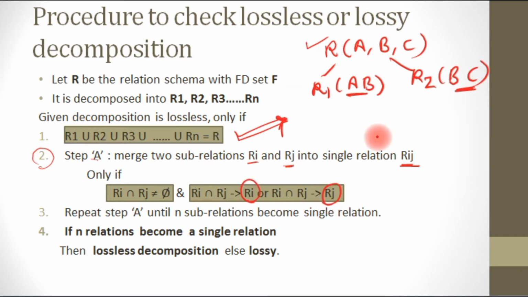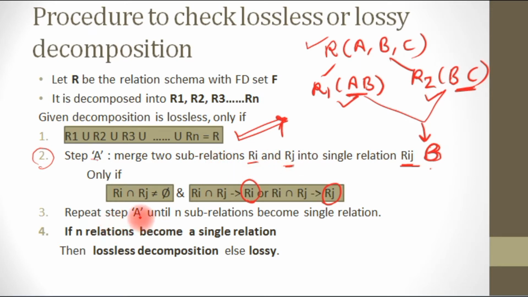What they are trying to say is that you can combine these two subrelations only if they have a common attribute. Now check that this common attribute determines all the attributes of either R2 or R1. That means B must be the super key of either subrelation R2 or R1. Then you can merge the two subrelations.